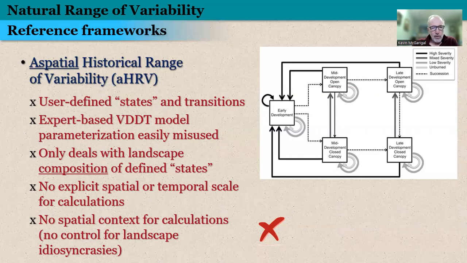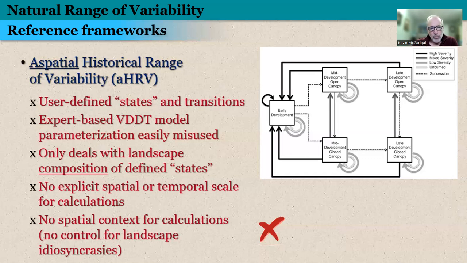Thirdly, it only deals with landscape composition, as I've already mentioned, these defined states. There's no way to essentially evaluate the NRV in any measures of landscape configuration. And as we've talked about in previous Land Eco talks, incorporating composition and configuration is really critical to getting a complete understanding of the landscape patterns.